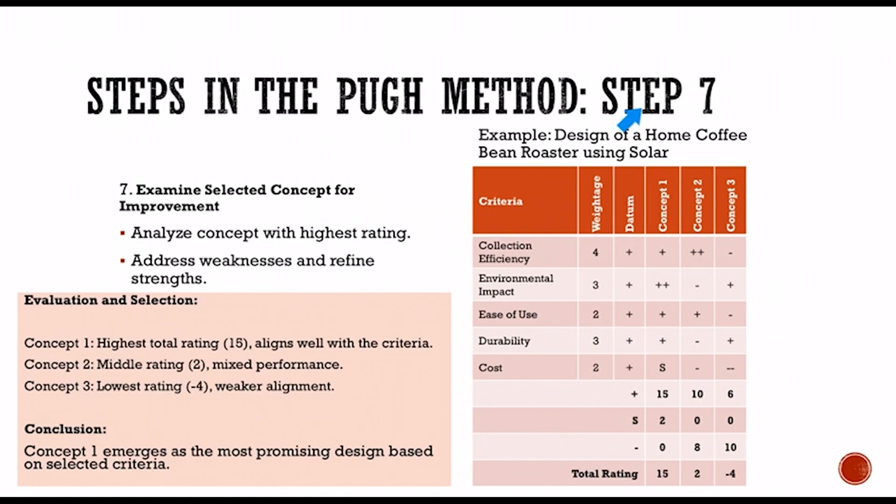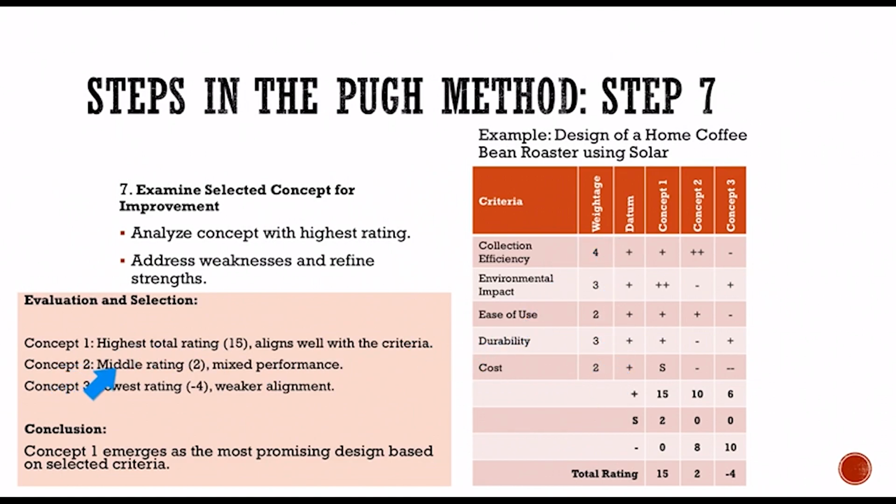Now for step 7. In step number 7, we will examine the selected concept for improvement. So now we will look into the table here. So we can see that concept 1 has the total rating of 15, align all well with all the criteria except number of course.